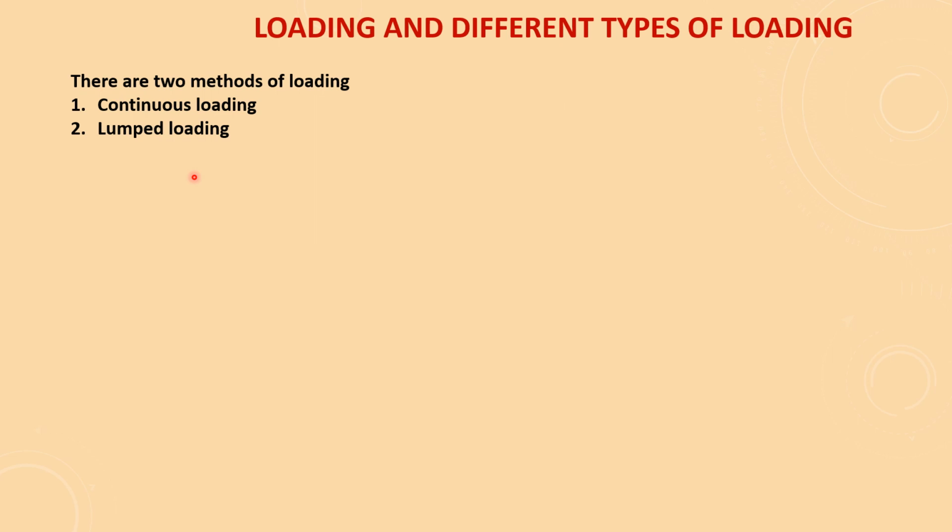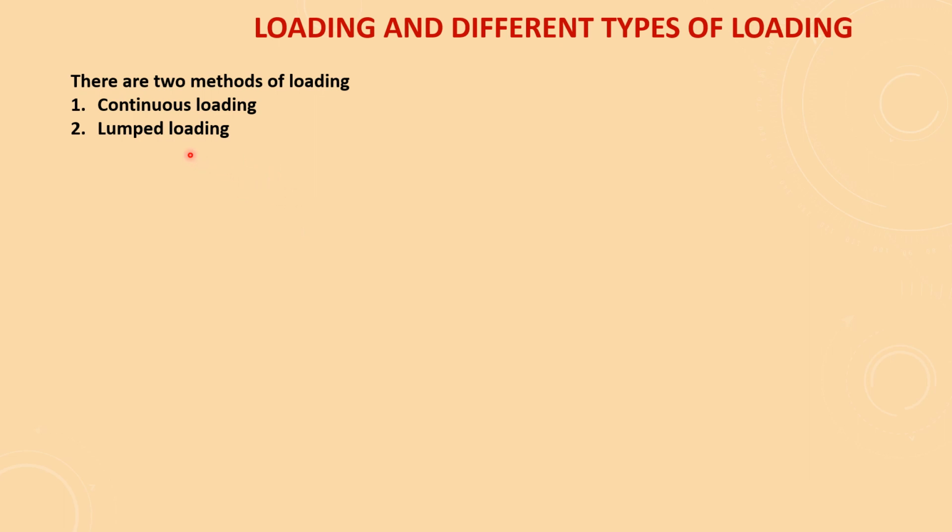That is why it is called lumped loading. In lumped loading, inductors are introduced in both the limbs to keep the line balanced. These lumped inductors are in the form of coils, so we call them loading coils. So this is about lumped loading.